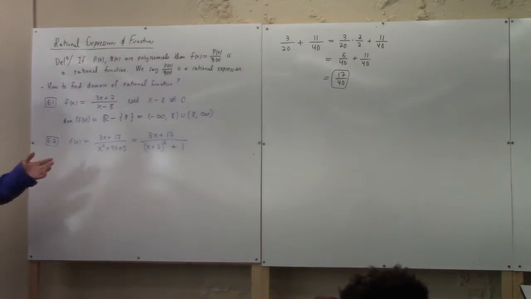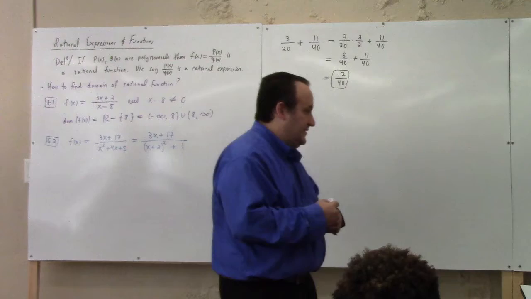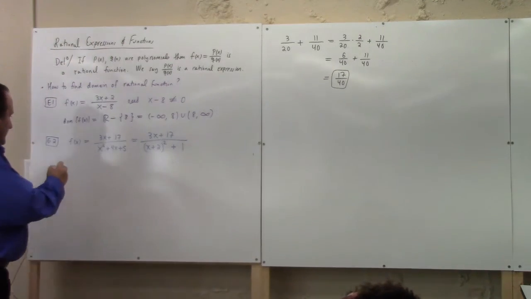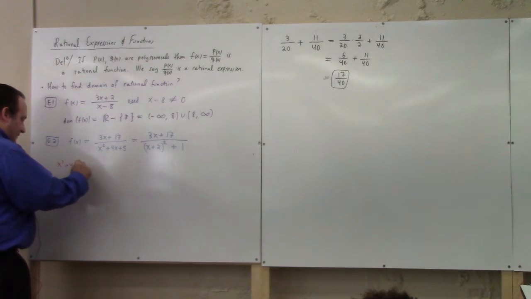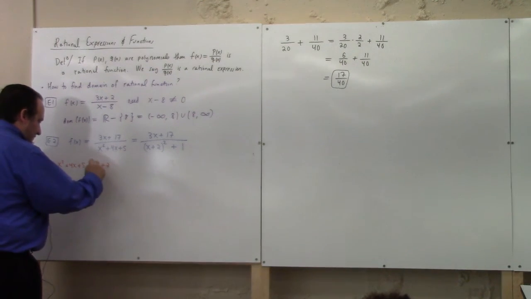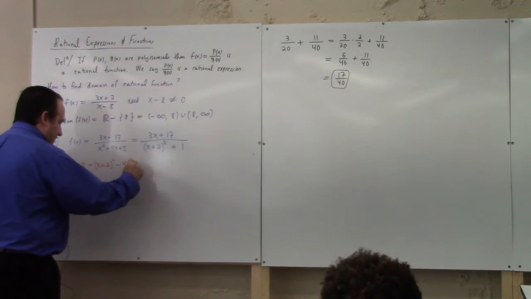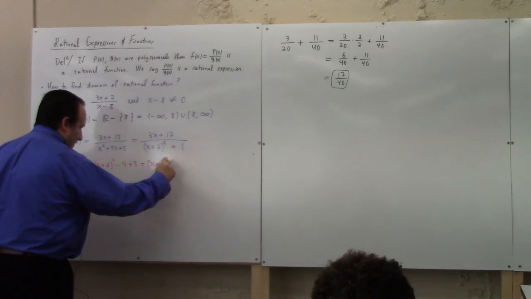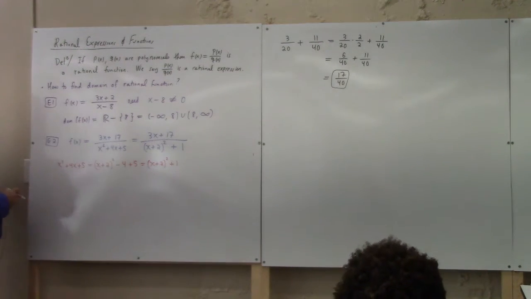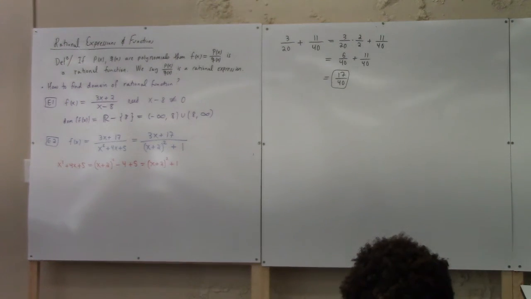I'll put it in red below because I know you guys are going to have questions. So what I just did is x squared plus 4x plus 5 is x plus 2 squared minus 2 squared, which is 4, plus 5, right? So in red, that's completing the square. Just on the denominator polynomial, right?